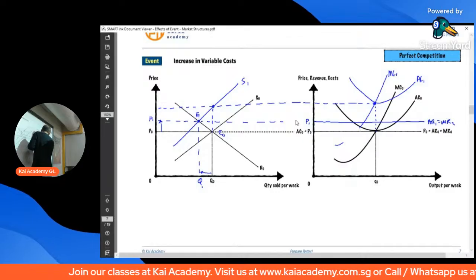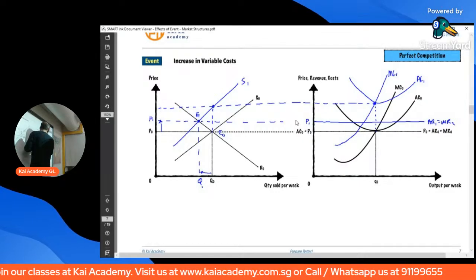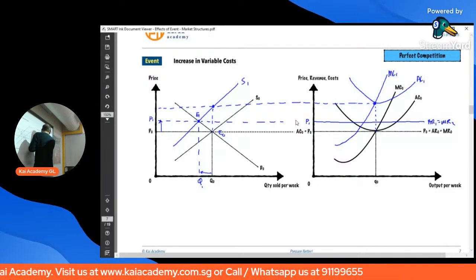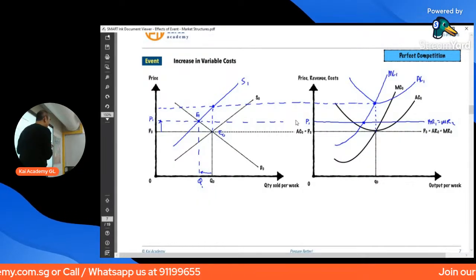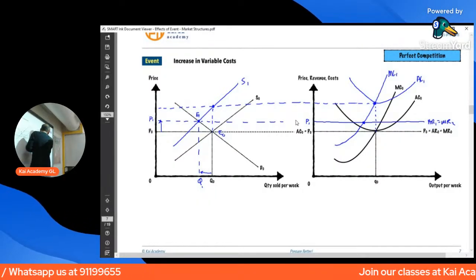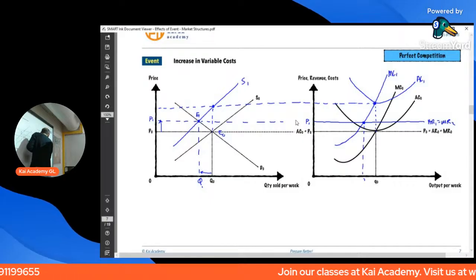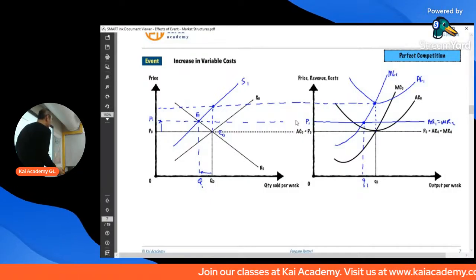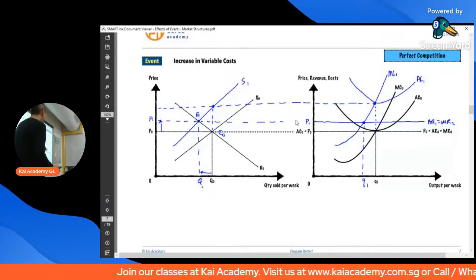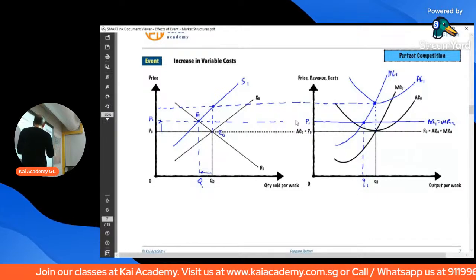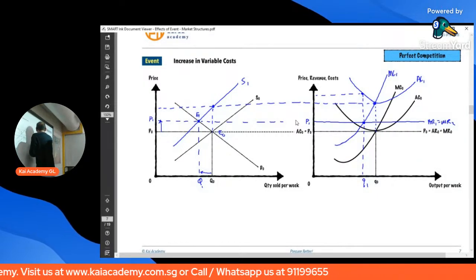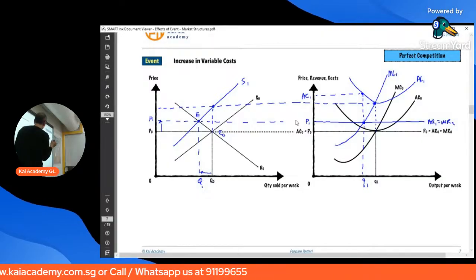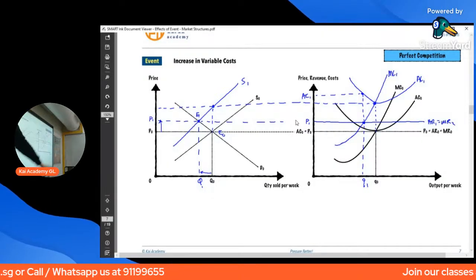Because this quantity is based on the old MR, so I must go to the new MR-MC point instead of the old MR. Must take the new MR point, intersect the new MC. This then becomes my correct Q1. This is all short run, right? Then where is my AC? My AC will go up to here, and now my firm earns subnormal profit. And this is just short run.